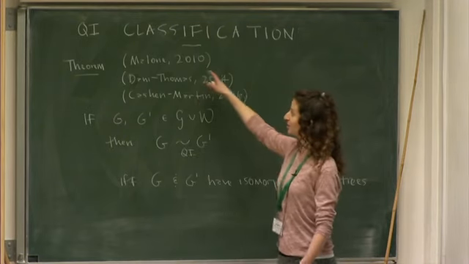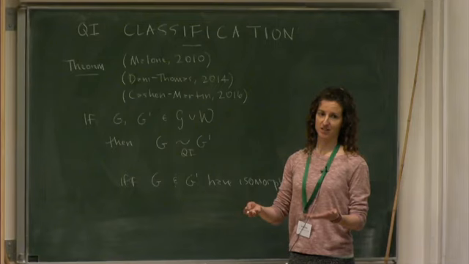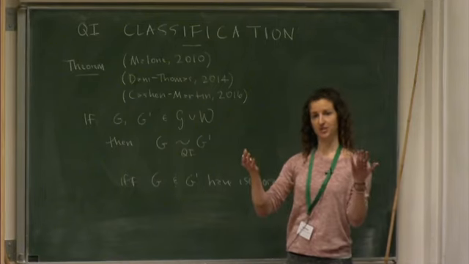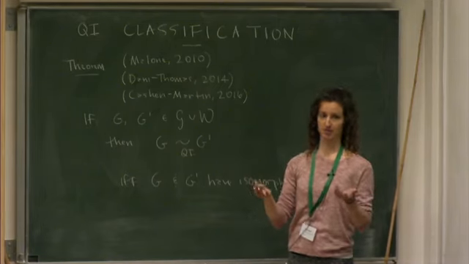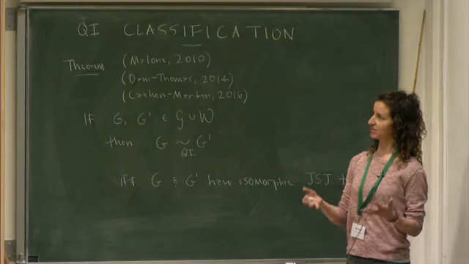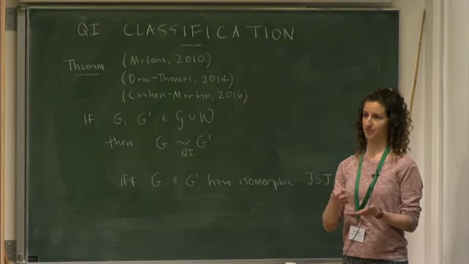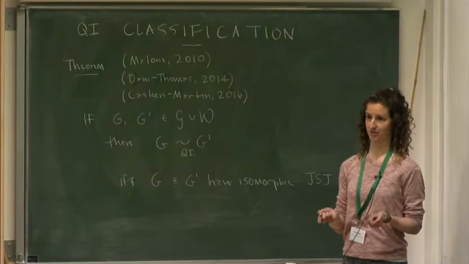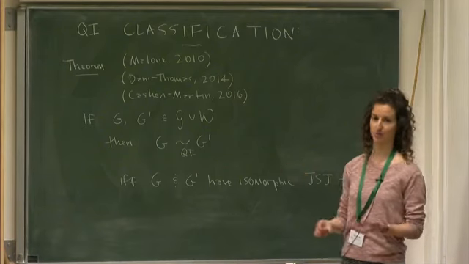In addition, what Malone does is, given two JSJ decomposition graphs, he can determine if the JSJ trees are isomorphic using an algorithm, and Dani and Thomas construct the JSJ decomposition from the defining graph of the right-angled Coxeter group. So again, you can determine if the groups are quasi-isometric.